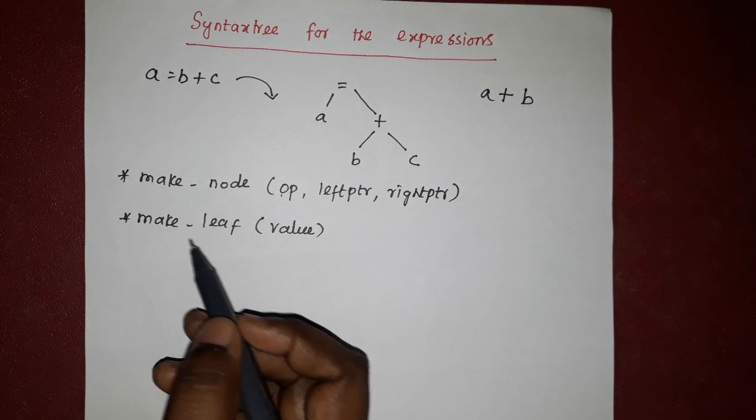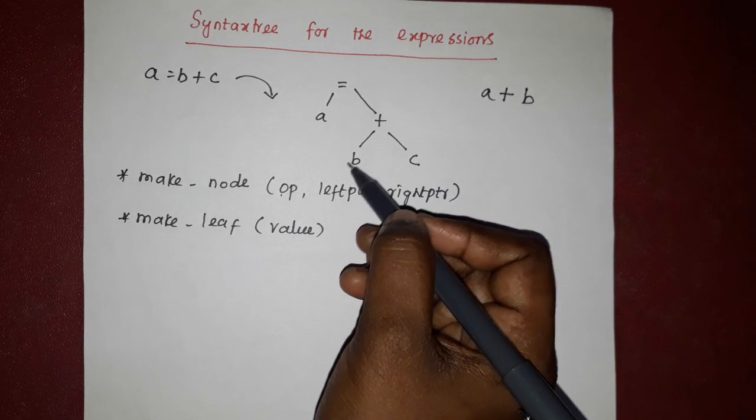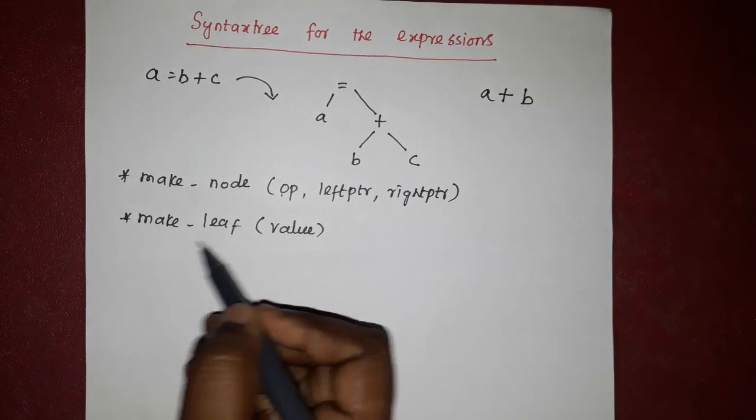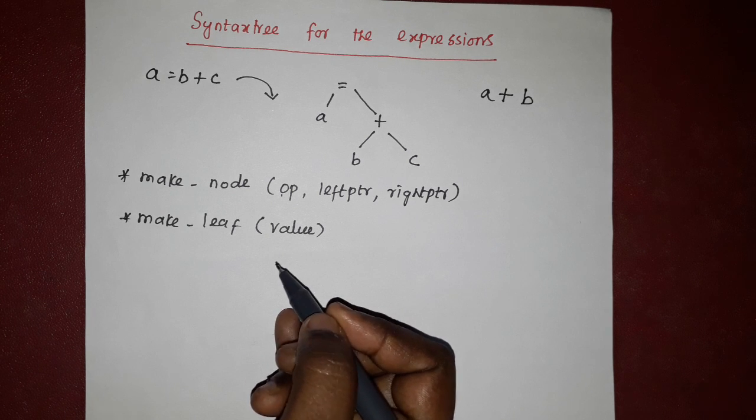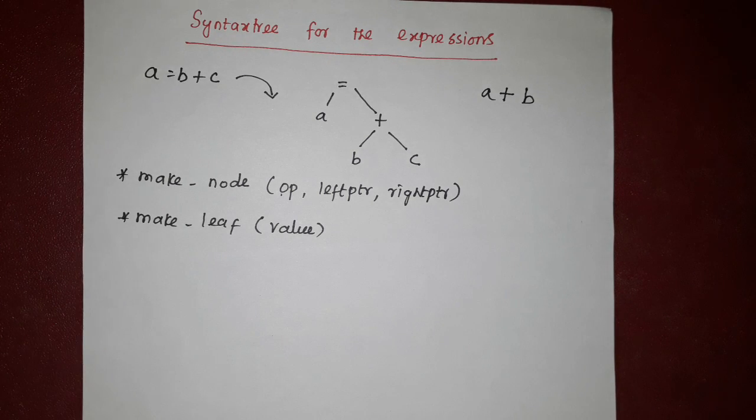The second function is make leaf. A leaf is nothing but the last node. It should have only a single value, so we specify the particular value within the brackets. So we can construct the syntax tree for expressions by using two functions: make node and make leaf.